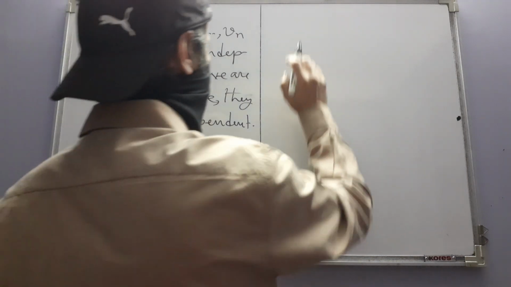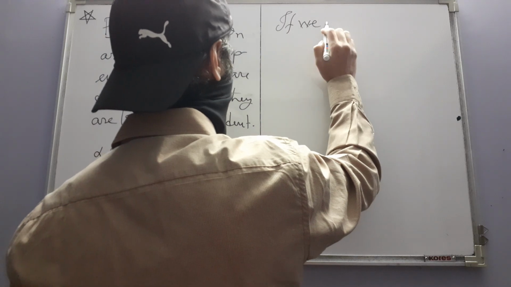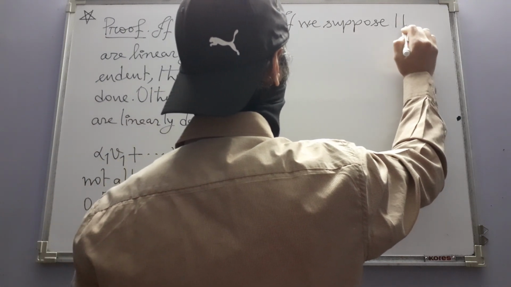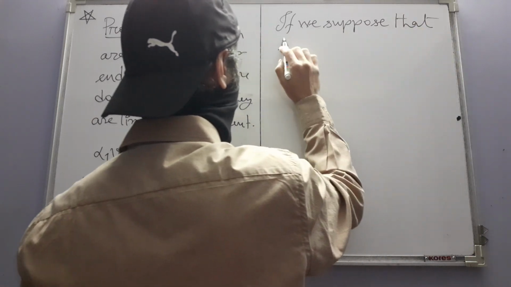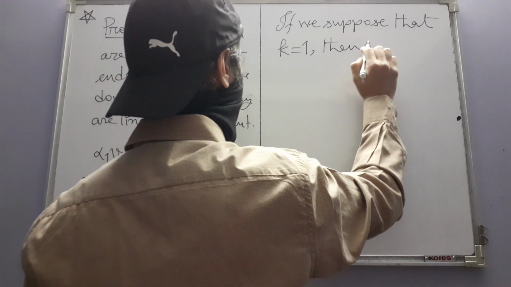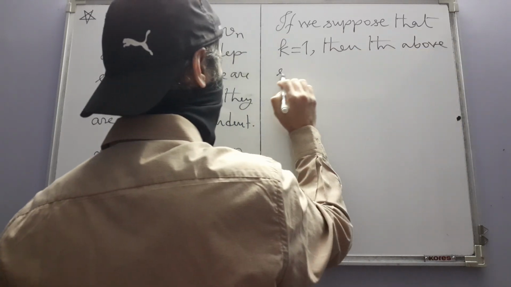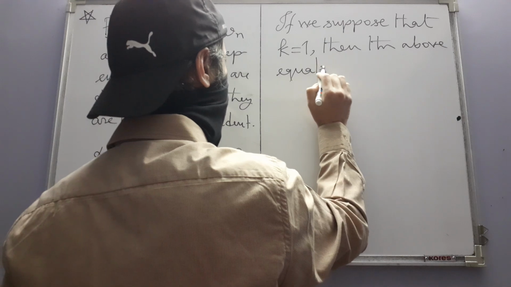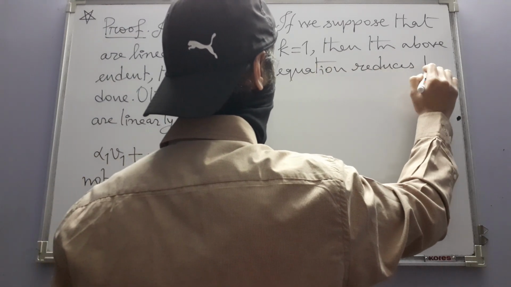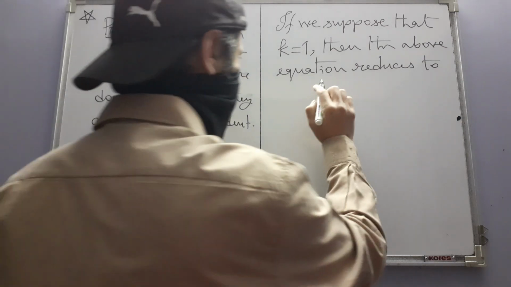If we suppose that k is equal to 1, then the above equation reduces to alpha 1 v1 equal to 0.